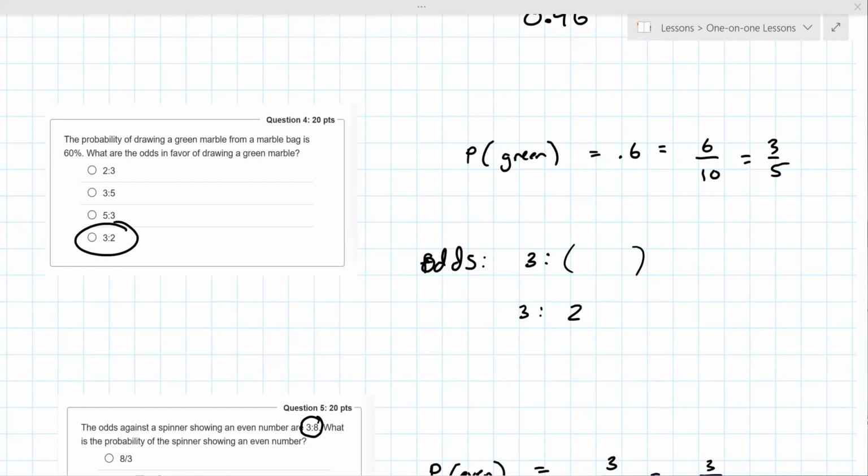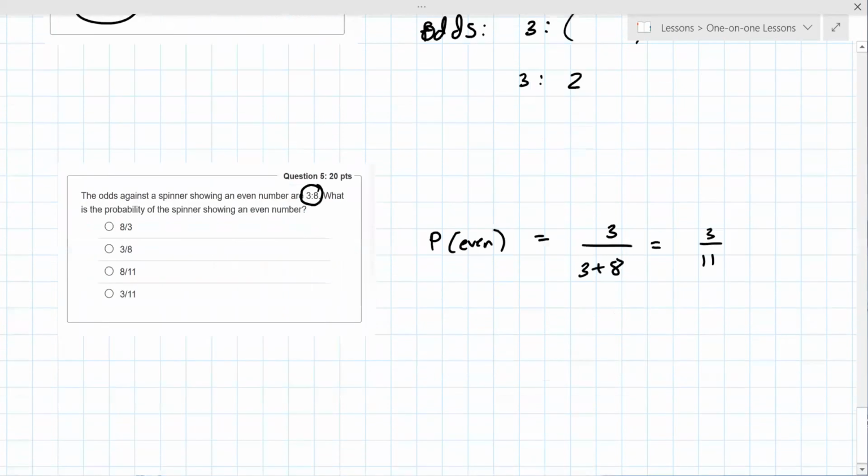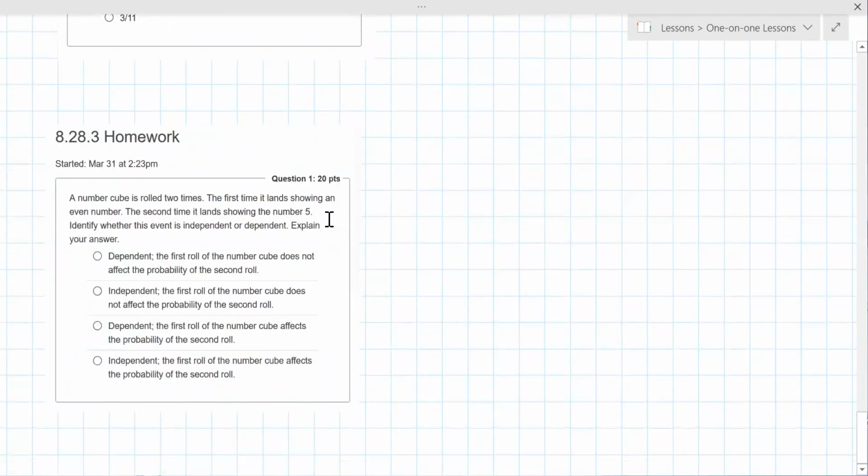Okay, so the idea of independent and dependent events, the simplest way to understand this is the following. So independent events would be if the numbers change, or no, you've got to listen.